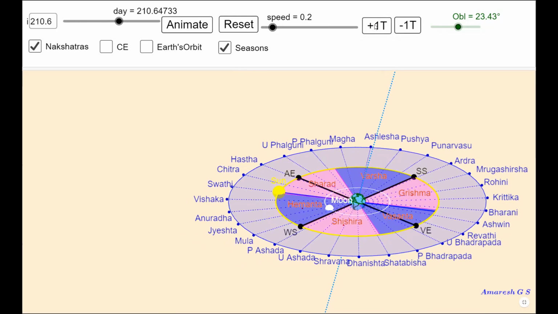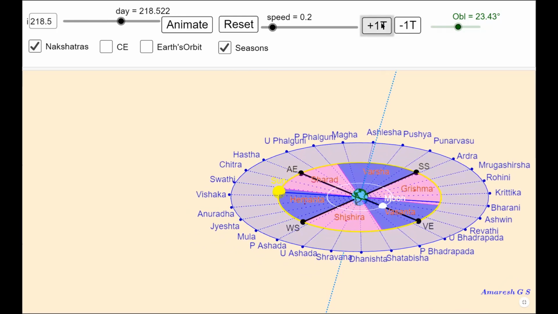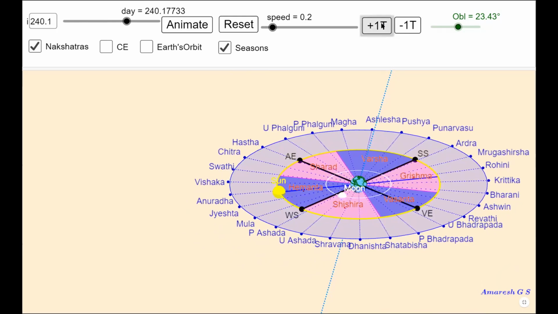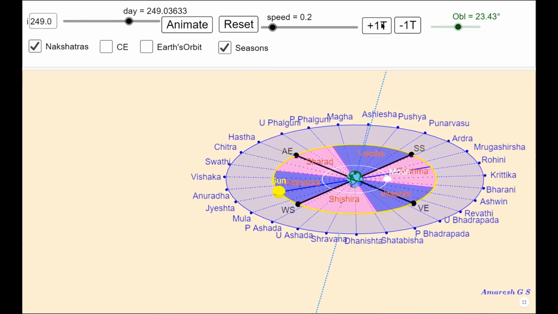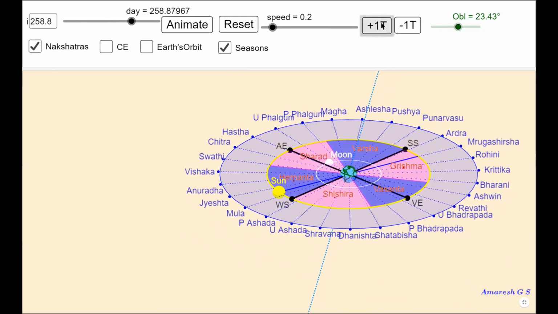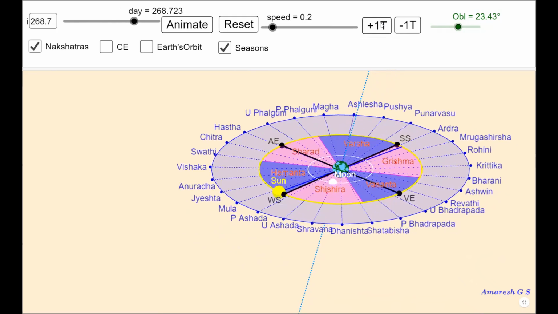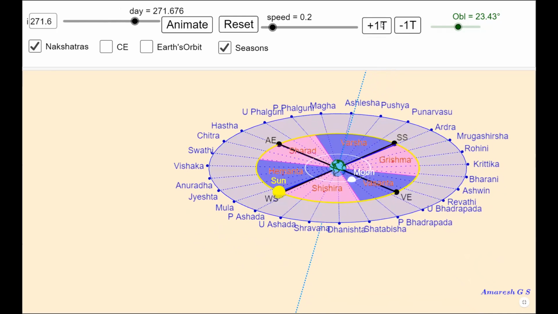The first solar month of the Hemanta Rutu is Saha. And the second month of Hemanta Rutu is Sahasya. At the end of Hemanta Rutu, the sun would arrive at the point of winter solstice. This is the end of Hemanta Rutu and the beginning of Shishira Rutu or winter season.